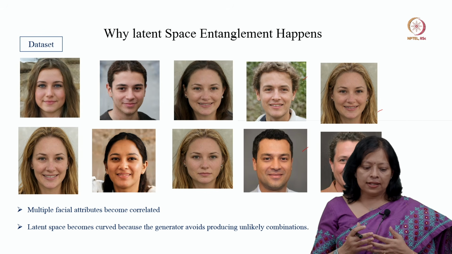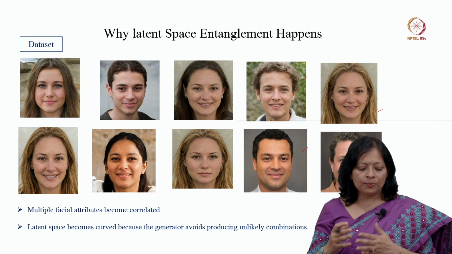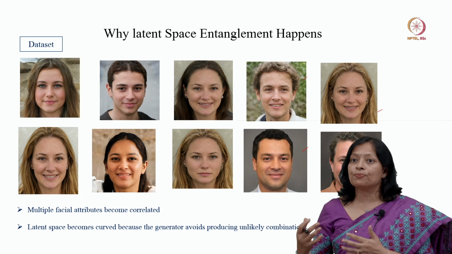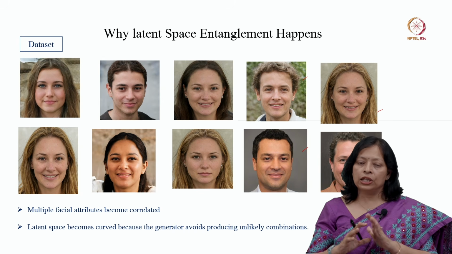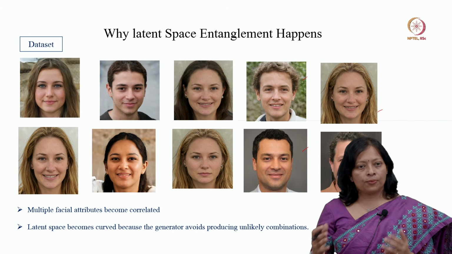And what happens is the latent space becomes curved because the generator avoids producing unlikely combinations. If my data set has an equal amount of ladies and gents with long hair, then this problem will not come.